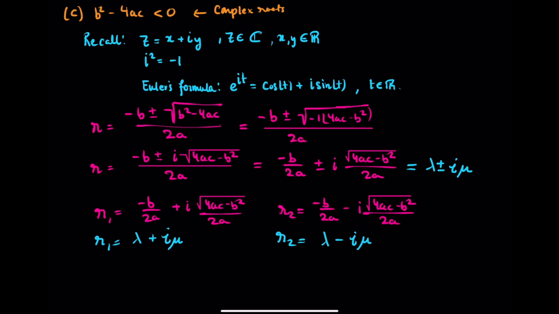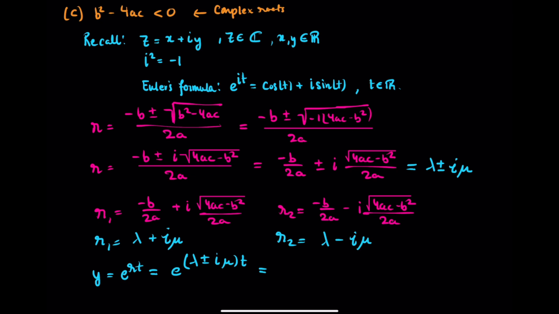And so therefore, based on this, we know that our trial solution was e to the rt, right? So we can replace the r with lambda plus minus i mu t, and we have two different solutions here.